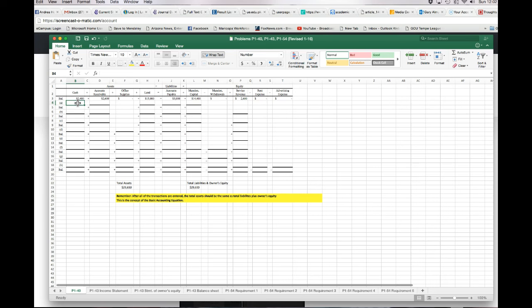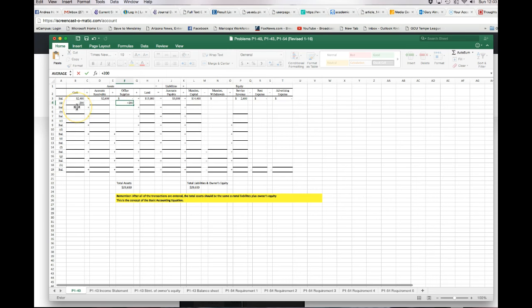And so we're going to put in minus 200. And then over in office supplies, we're going to put plus 200. Sorry, that's a plus sign, 200. And so that's all we're going to put in for that transaction.